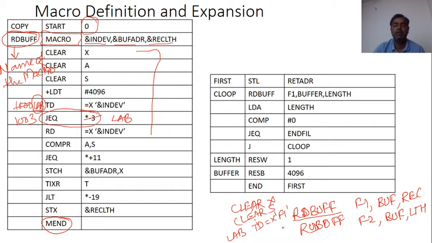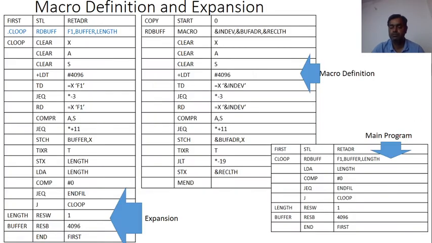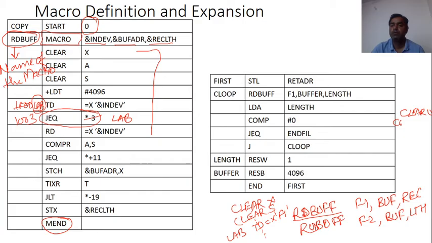It will be replaced by F1, and in this way the first expansion will occur in the program. When we invoke that macro the second time, we will also get statements like this: clear x, clear s, then lab, td =x F2, and in this way.